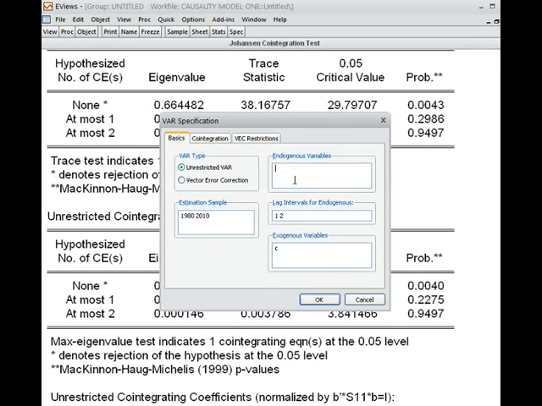So the first one will be the literacy, because that is our dependent variable, literacy, and then GDP, then investment, right? And here I choose vector error correction model, and exogenous is our dummy variable, right?